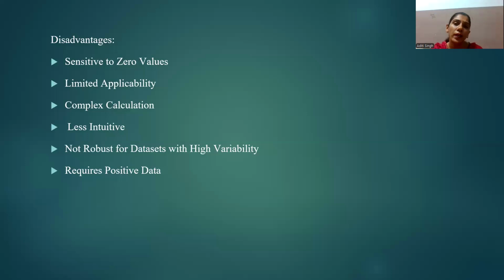So when there is a zero value in the data set, it makes the harmonic mean calculation impossible if any data point is zero. So while calculating harmonic mean, the values should be positive and no value in the data set should be zero.